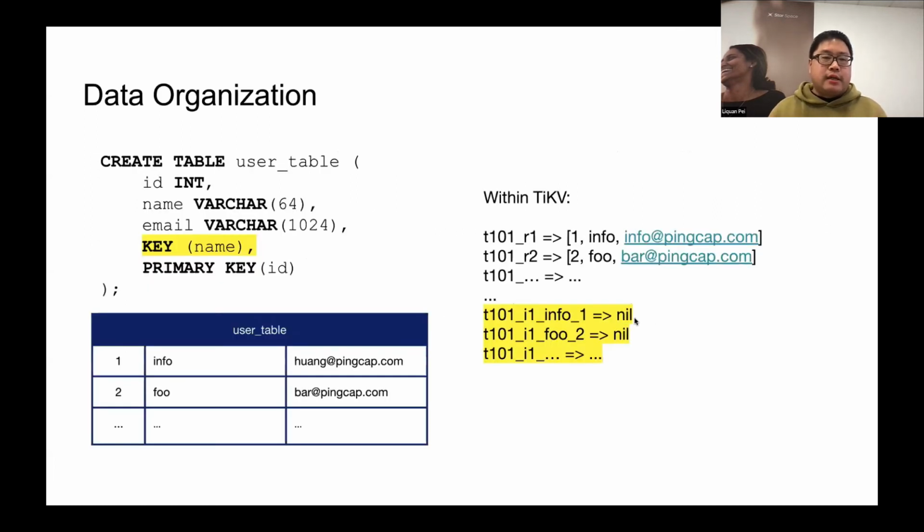So if we look at the example, this is a simple user table. It will have a key, basically an index, and the name, and a primary key, the ID. Then from the logical view, it will be like the fields. And then from the physical view, the data encoding in TiDB will be like T and the table ID, and then R and the row ID, and then the column.